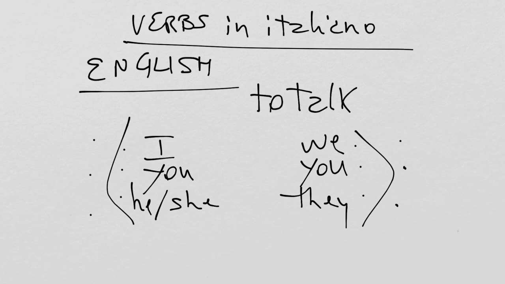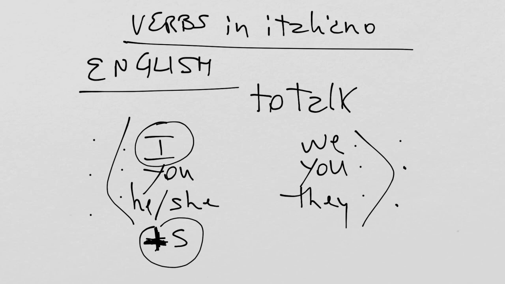When we use the verb, the form of the verb is identical for all the persons except for he or she, which adds an S. I talk, you talk, he or she talks, we talk, you talk, they talk.